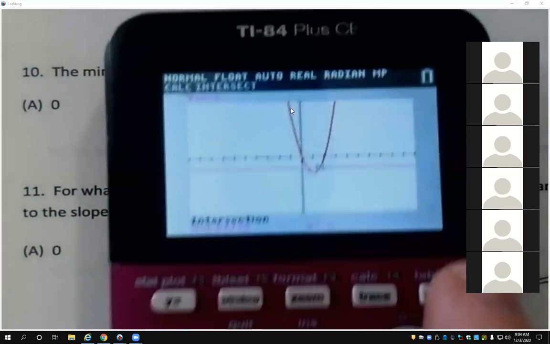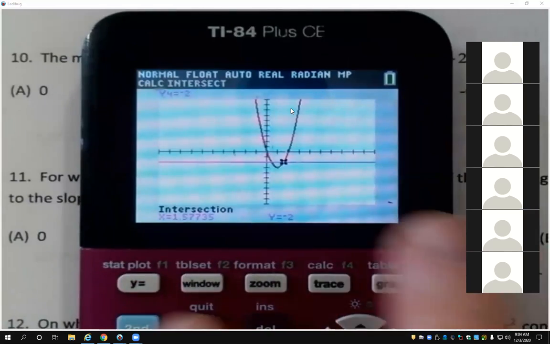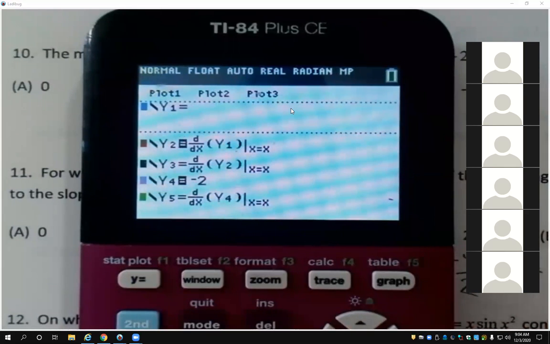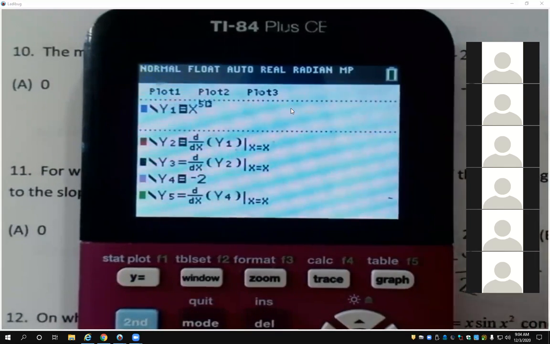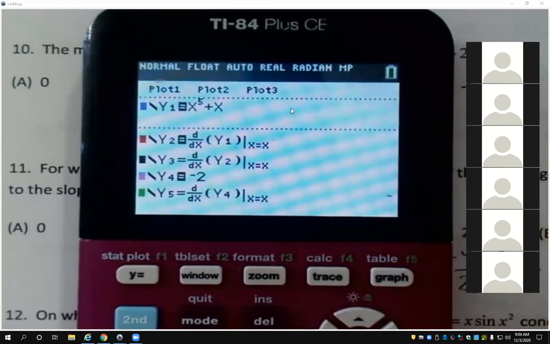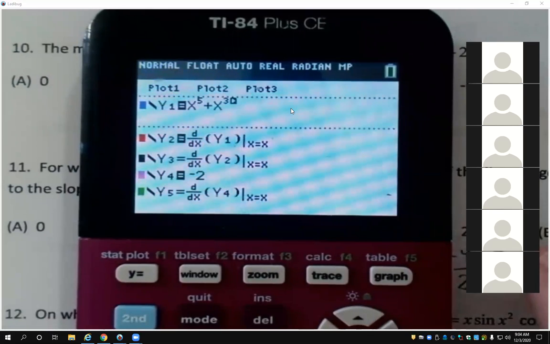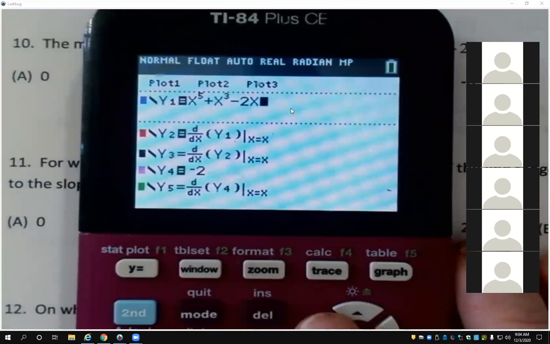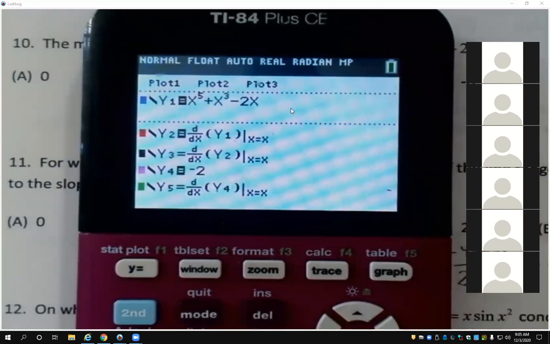So it's asking me for the minimum value on the derivative. So in number 10 here, I'm going to go to y1 and type in that function, x to the 5th plus x cubed minus 2x. I don't want to see that function. I want to see its derivative. So I'm going to turn off y1.